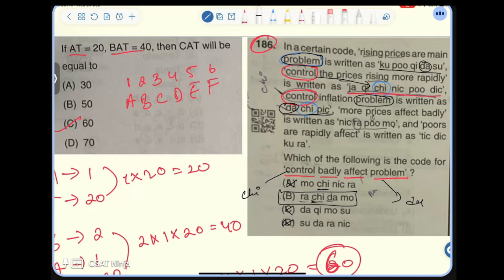Badly. What is badly called? Let's check for that then. Who are rapidly affected? Rapidly here. If it's rapidly here, it's rapidly here. So what's the common term here? DIC. DIC is common. This is rapidly.